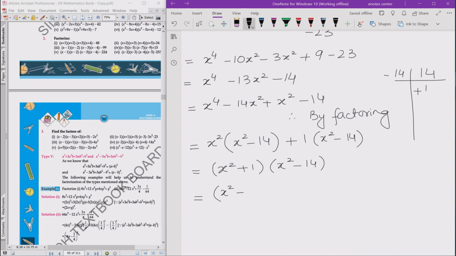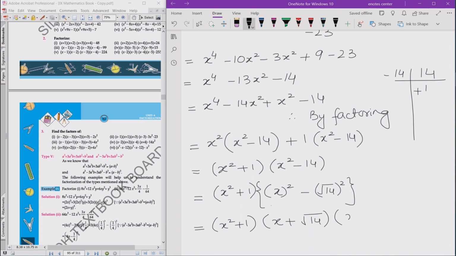This is x square plus 1, and this one is x square minus root 14 whole square. Actually we want to make this term in a linear form. So here we have 14 as x minus root 14 x. So these are the factors of this question.